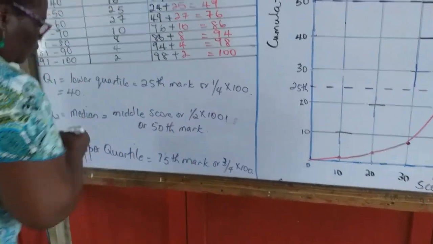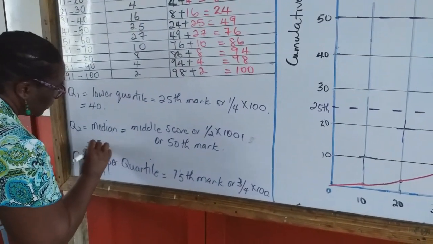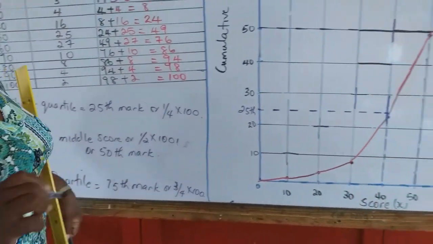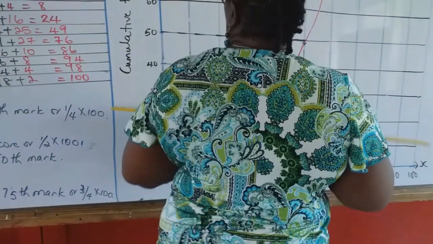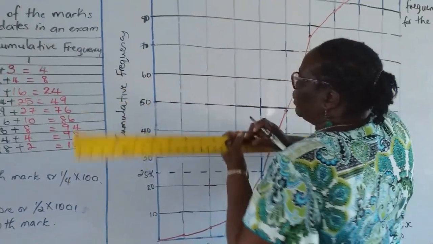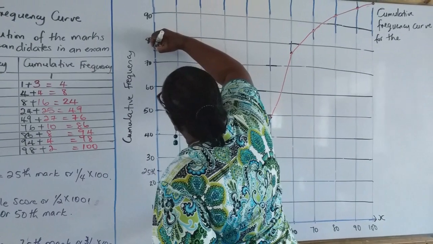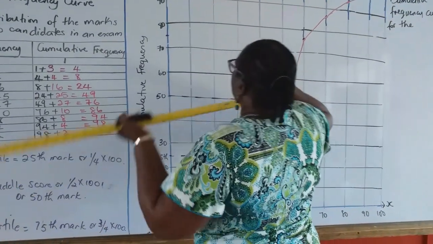So Q2 will be equal to 50. And then we go to the 3/4 mark now, which is 75. We find it between 70 and 80.